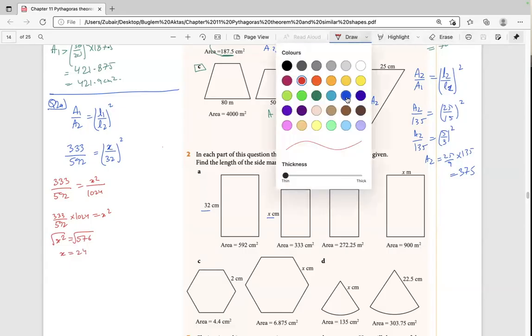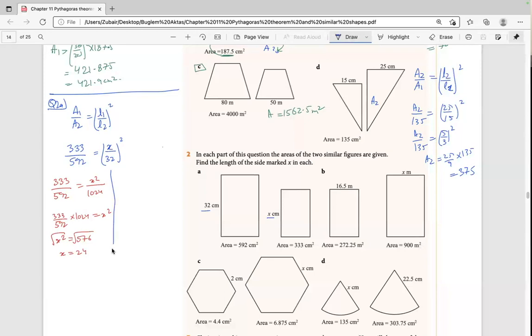One way is this, and the other could have been 333 by 592 is equal to x by 32 whole squared. This is entirely personal preference. So I'm taking the square root of 333 by 592 and it gives me 3 by 4.